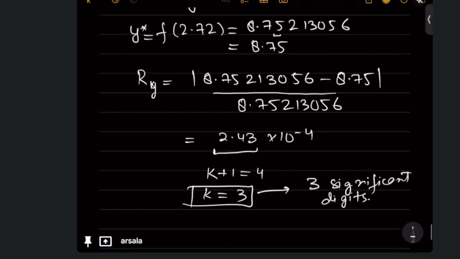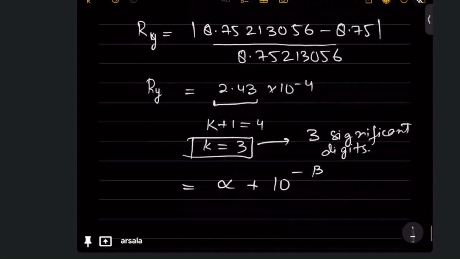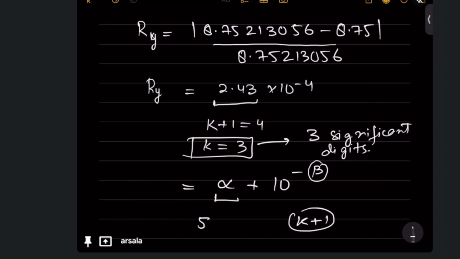This is just a step. I think you would have read this in lectures, that when you find the relative value, if it can be expressed in the form of alpha times 10 to the power minus beta, and alpha is less than 5, then beta will be equal to k plus 1.